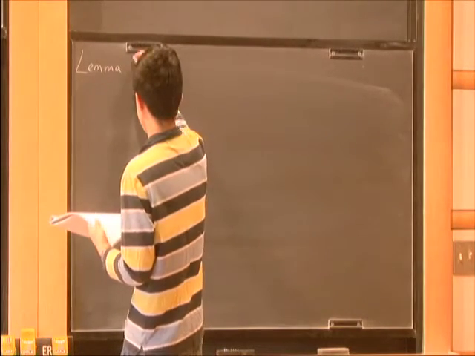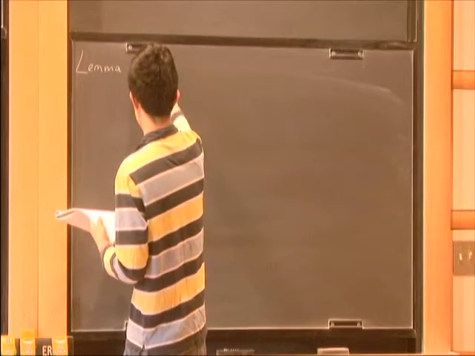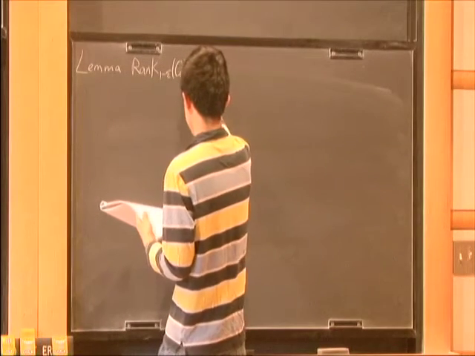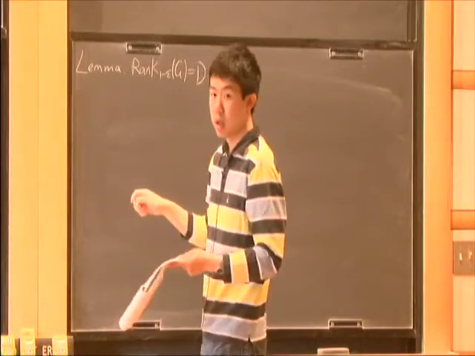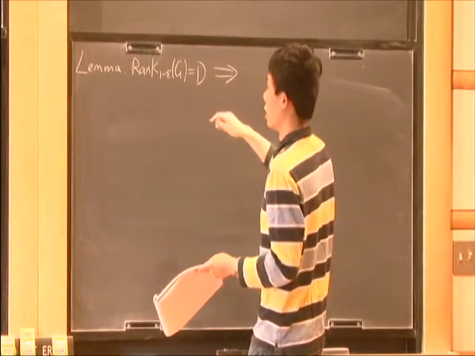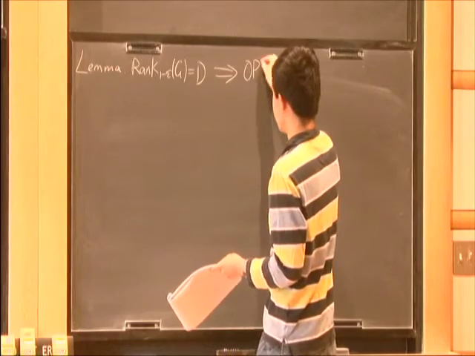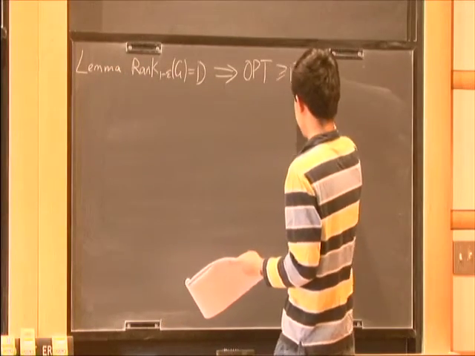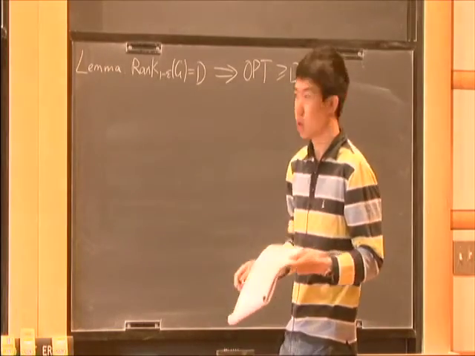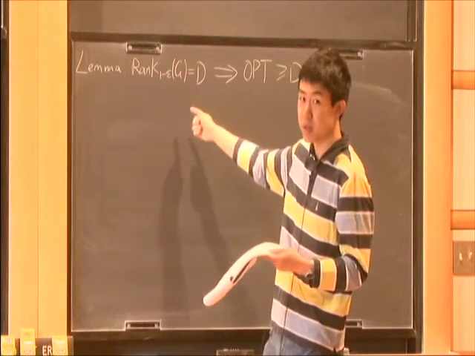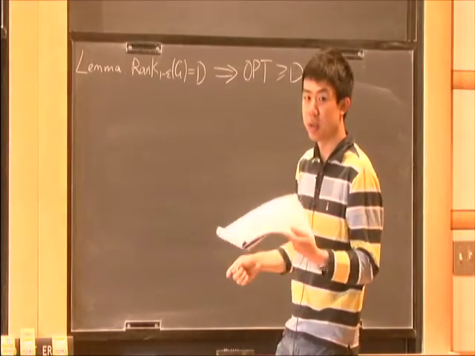So, if threshold rank is high, if rank_{1-epsilon}(G) is D, this actually implies the optimum for that program is at least D. Later we'll have another lemma which says if threshold rank is low, then the optimum is also low.